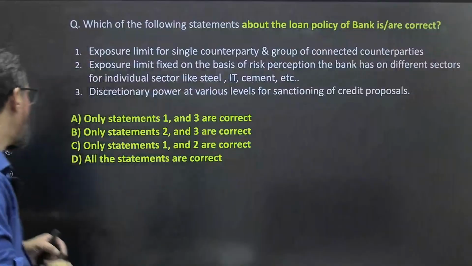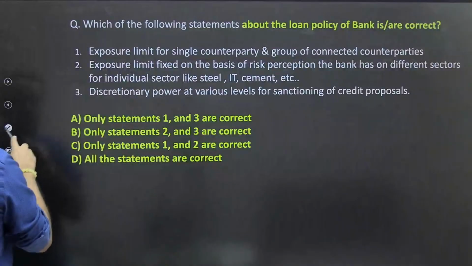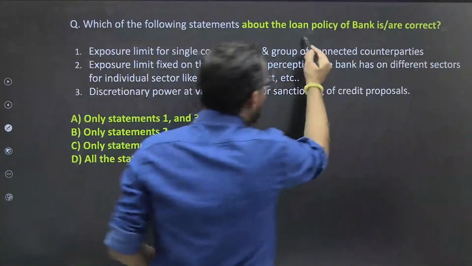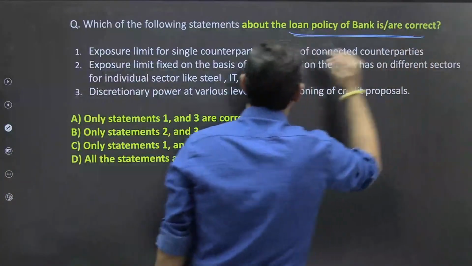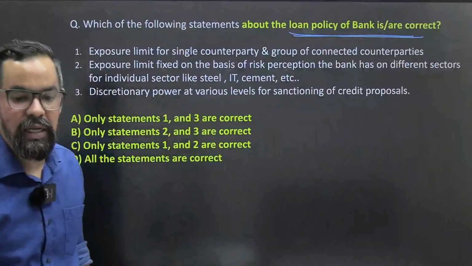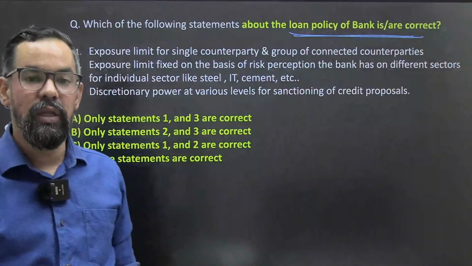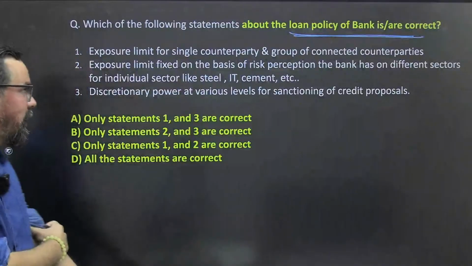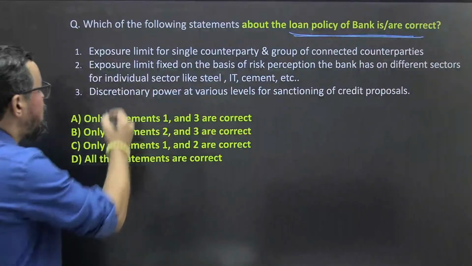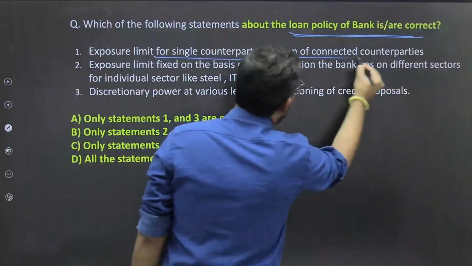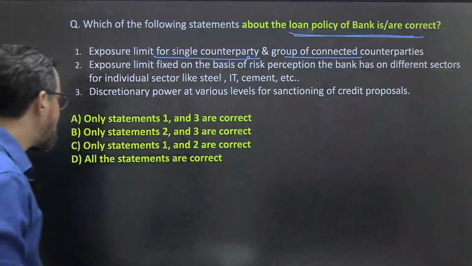Okay. So the very first question is about the loan policy of a bank. You have to find out the correct statement. Which of the following is a correct statement about the loan policy of a bank? First, exposure limit for a single counterparty and group of connected counterparties.